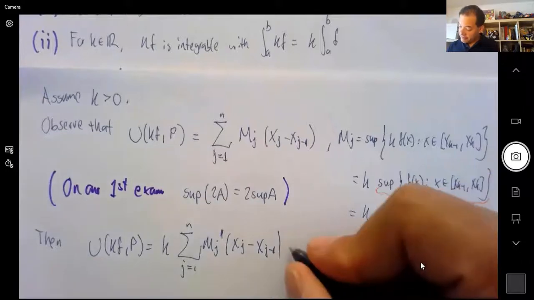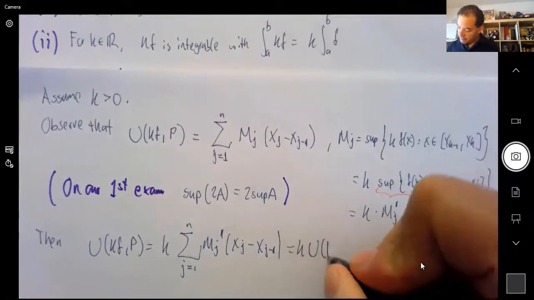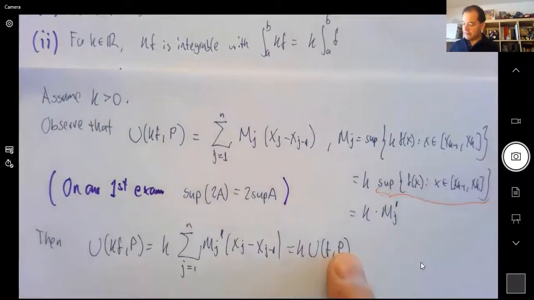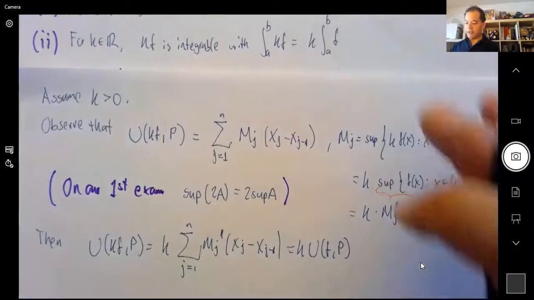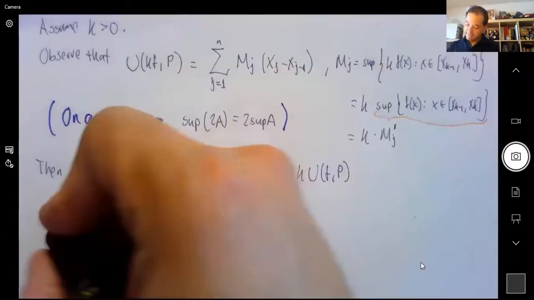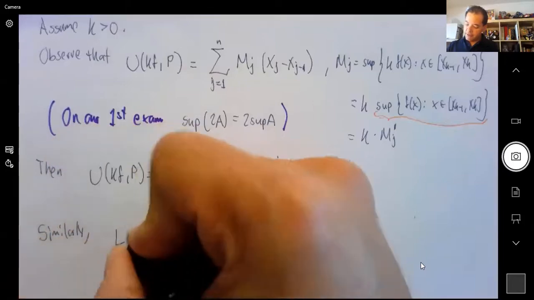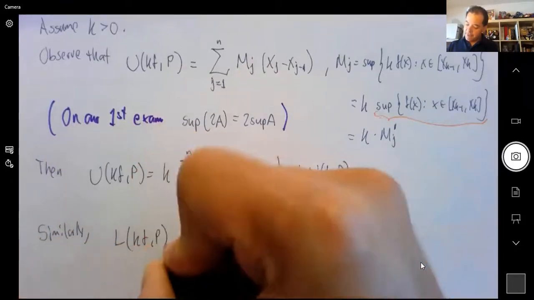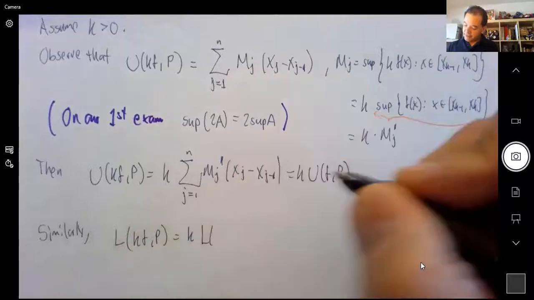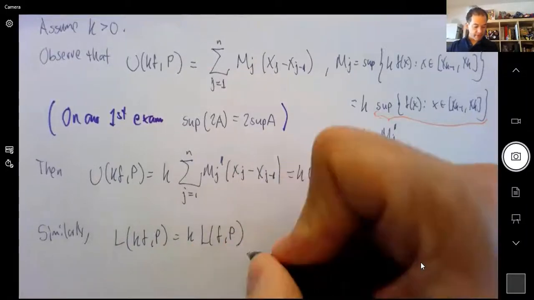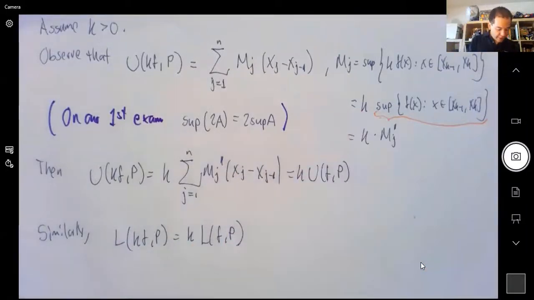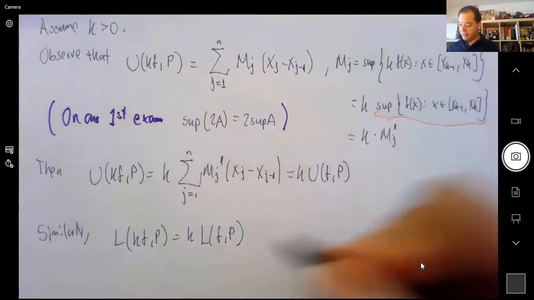So this is k times the upper sum of f with P. And this is the property that I want. Similarly, I'm not going to do it again, but it works the same way for the lower sum: you can take the constant out. And now we can use the property.